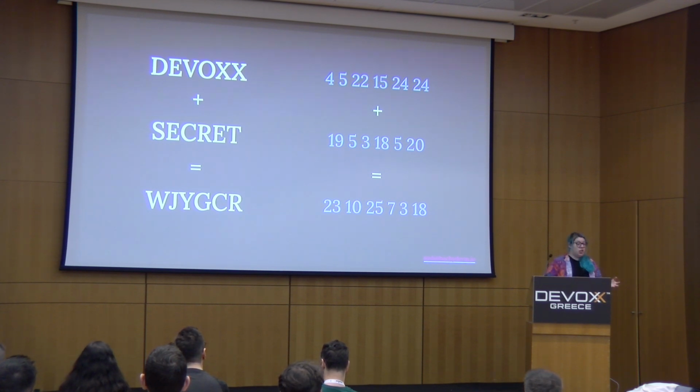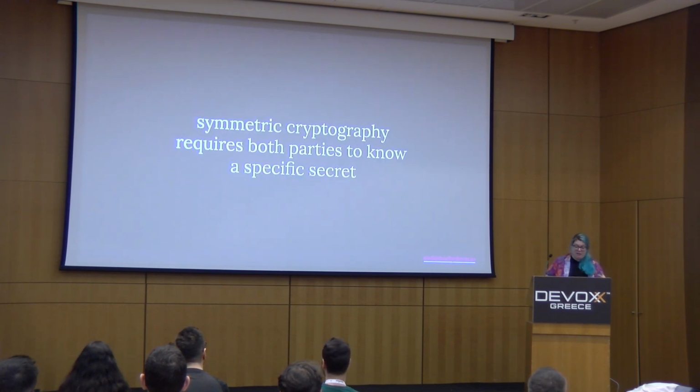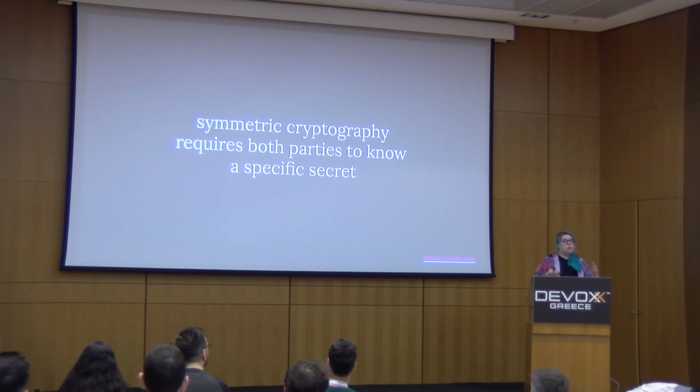And this is very, very secure when it's done correctly. In fact, most web traffic is encrypted symmetrically using AES, for example. But it requires both parties to already have access to a shared secret. And this is difficult because how do you actually transmit a secret without somebody else listening in and compromising your encryption?